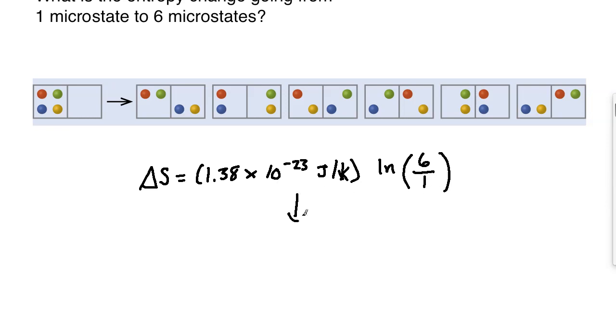If you solve this, delta S is going to equal 2.47 times 10 to the negative 23 joules per Kelvin. Because the microstates are unitless, I just get a number back from the natural logarithm and I multiply that with the Boltzmann constant that has those units.